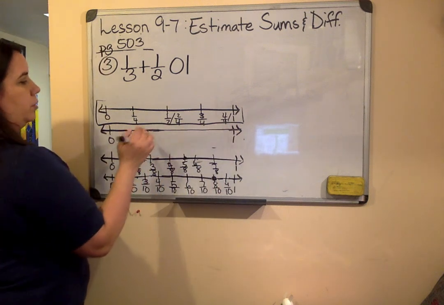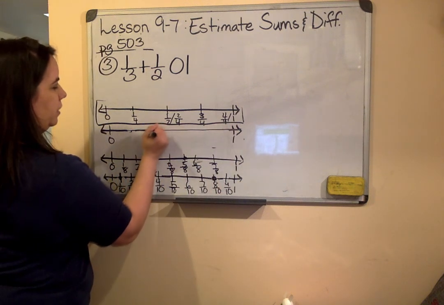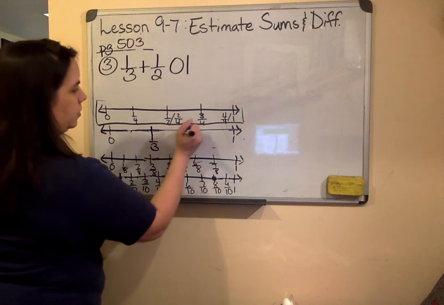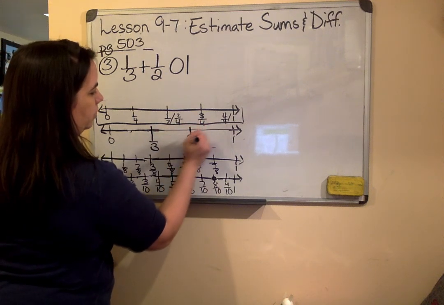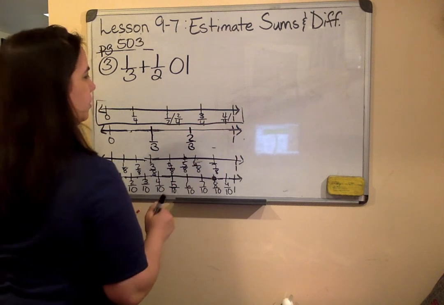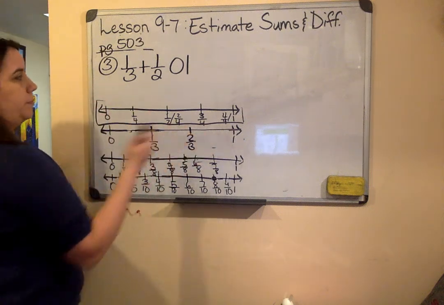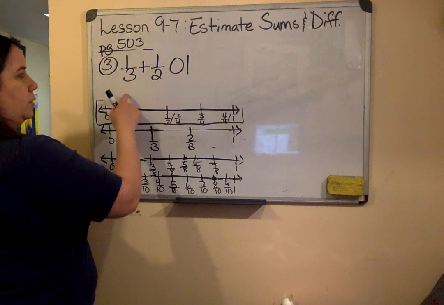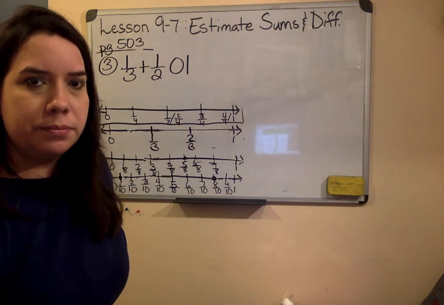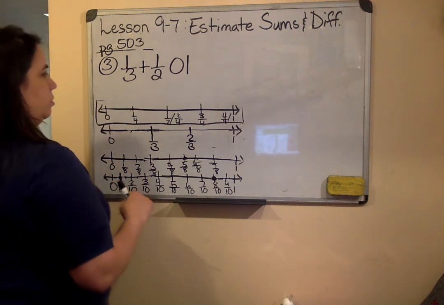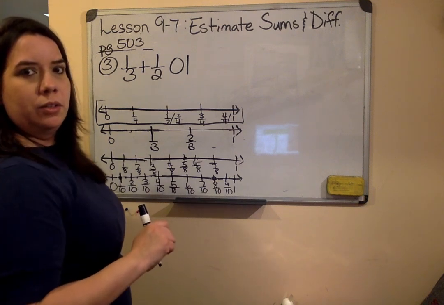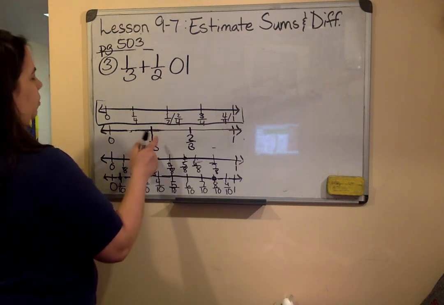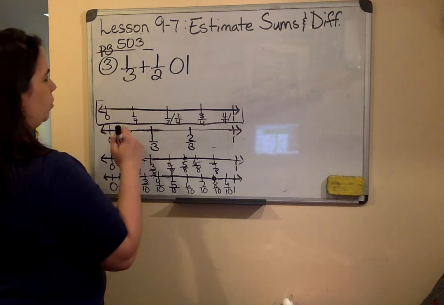All right, un tercero, 1/3 is about here. 2/3, dos terceros está aquí, and 3/3 or 1 is over here. So 1/3, un tercero, what is that closest to? Yeah, it's pretty close to 1/4, right?